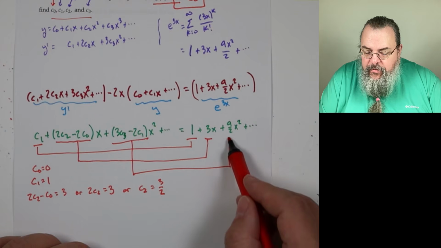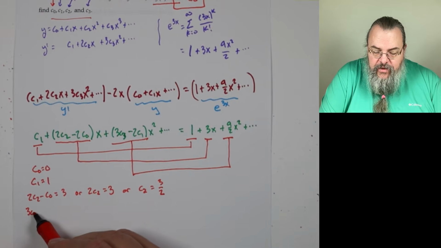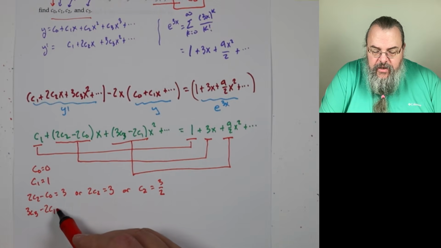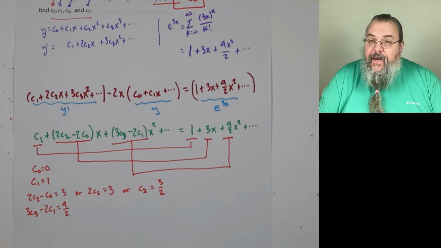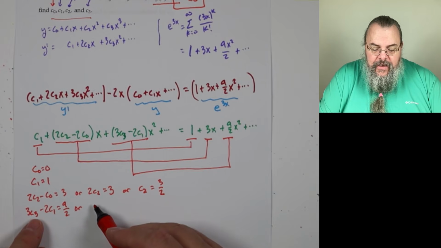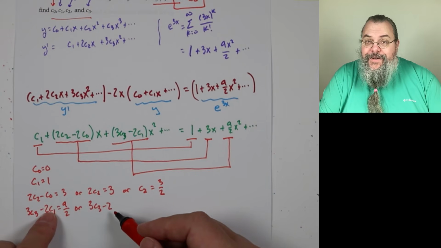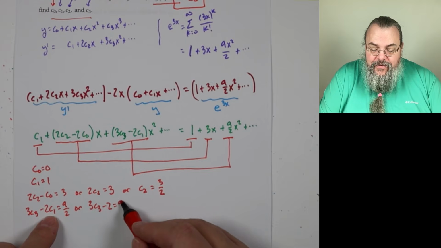3c3 minus 2c1, that's got to be 9/2. So 3c3 minus 2c1 equals 9/2. Or we could say, hey, that becomes 3c3, which we don't know, minus 2, because c1 is 1, is equal to 9/2.